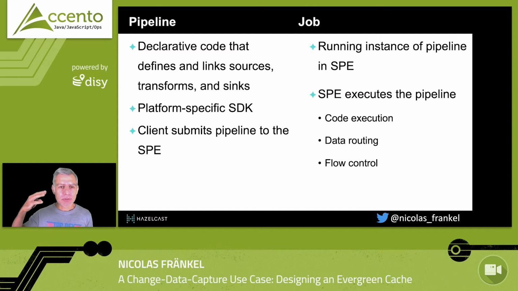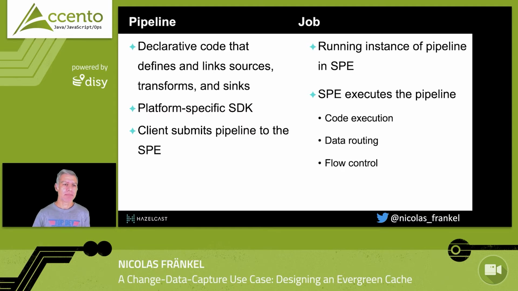The way to do stream processing, actually all stream processing engines, are more or less those two concepts. Here I'm using the Hazelcast semantics, but if you are using another stream processing engine, it will be the same concept, just different words. The first is we declare a pipeline, and the pipeline is where we will be reading from, what steps we will apply, transformation, enrichment, whatever, and where we will be writing to.